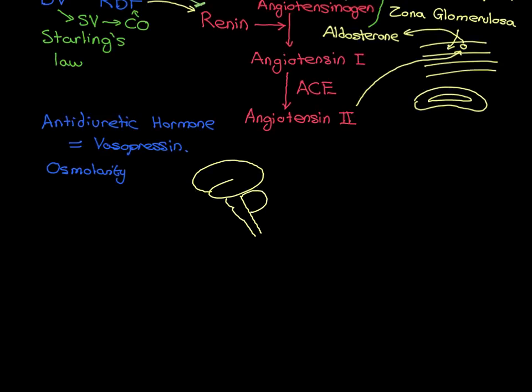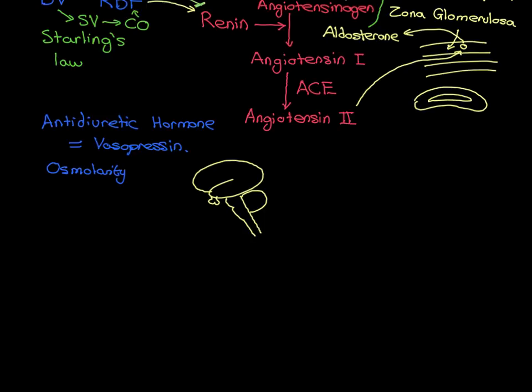So, antidiuretic hormone is going to be secreted by the posterior pituitary gland. I'll just draw the pituitary gland a little bit out of scale, dangling down from there. Remember, the pituitary gland is split into the anterior pituitary gland, which secretes things like growth hormone, the gonadotropins, follicle-stimulating hormone, and luteinizing hormone.